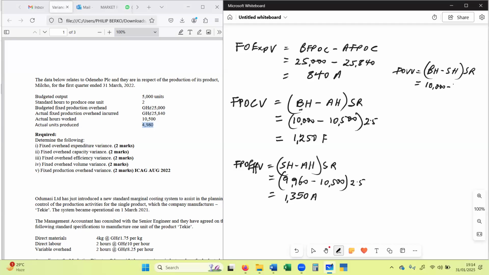Standard hours, we've looked at it, 9,960. Standard rate is 2.5.